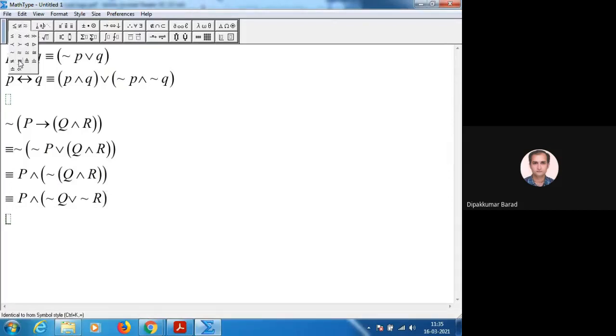So according to the distributive property, I can write this as P and not Q, or P and not R. You can see that P and not Q is an elementary product, P and not R is also an elementary product, and so this is a sum of elementary products.